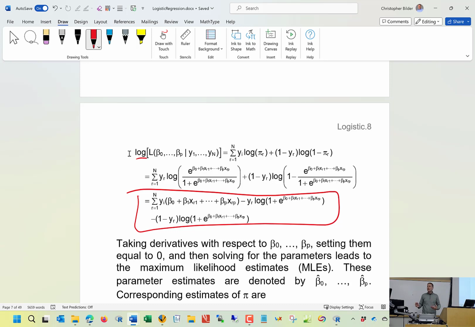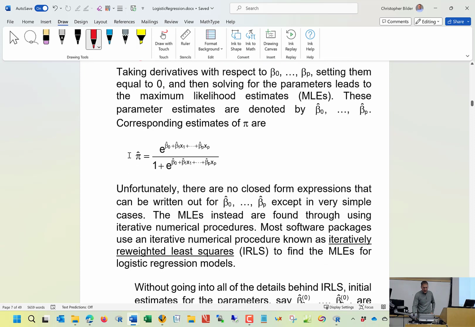Instead, because of that, I'm going to need to use what are known as numerical iterative procedures to try to, for every single data set, find what values of the betas actually maximize this log likelihood function. Depending upon your background, you may or may not have seen these numerical iterative procedures before. So let me just briefly mention what's going to happen here.